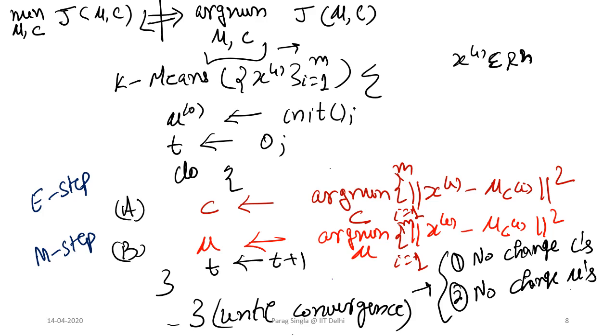To keep it simple, any iteration where the C's have not changed and correspondingly the mu's have not changed, we will say the algorithm has converged.